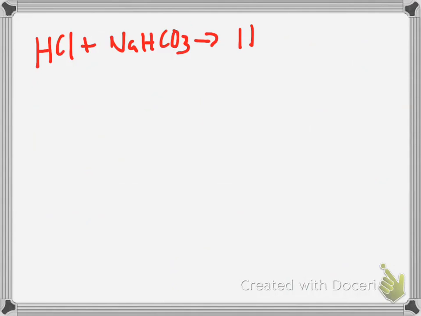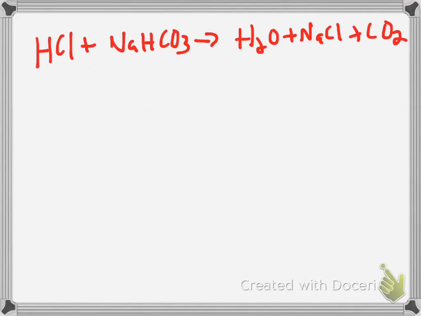So the equation that we have is HCl plus sodium hydrogen carbonate is going to yield water plus salt plus CO2. Now, if you are following along here, this is the exact same equation, same lab that we did as part of lab 2.